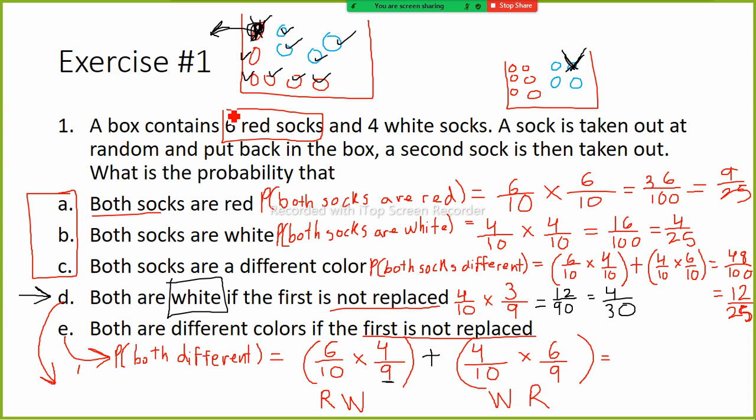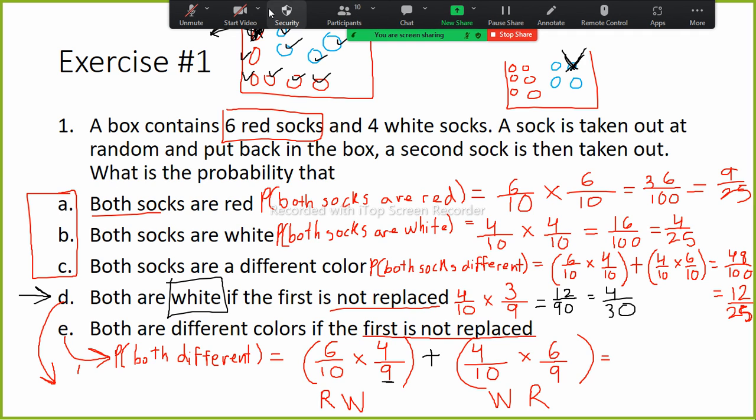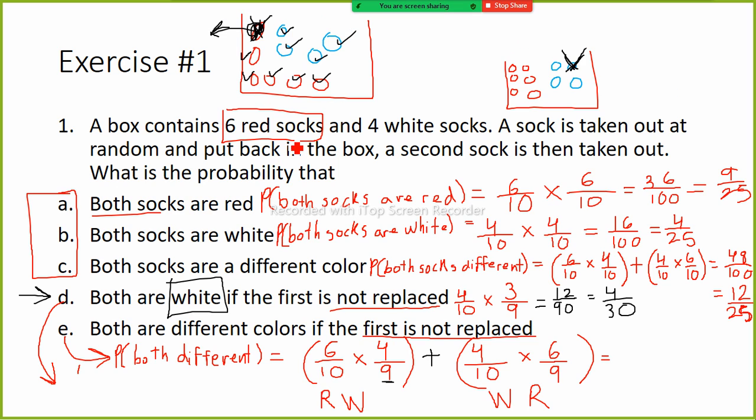Sierra, I know it's a little difficult, but think through it. How many red socks do we have? Sierra. Hello? Can you hear me? How many red socks do we have, Sierra?